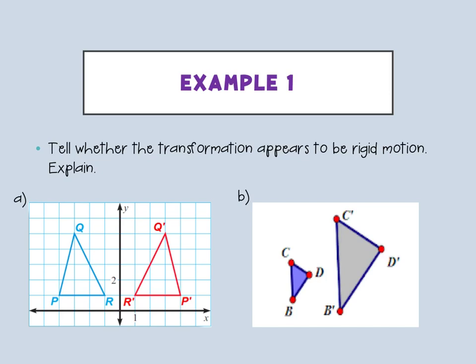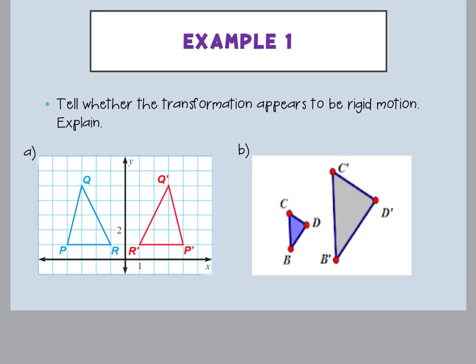Example 1 says, tell whether the transformation appears to be rigid motion and explain. The pre-image has the original letters, and the image itself has these little tick marks, like apostrophes. So this I know to be the pre-image, and this is the image. If you look at A, does it appear as though the shape is the same size? Yes.